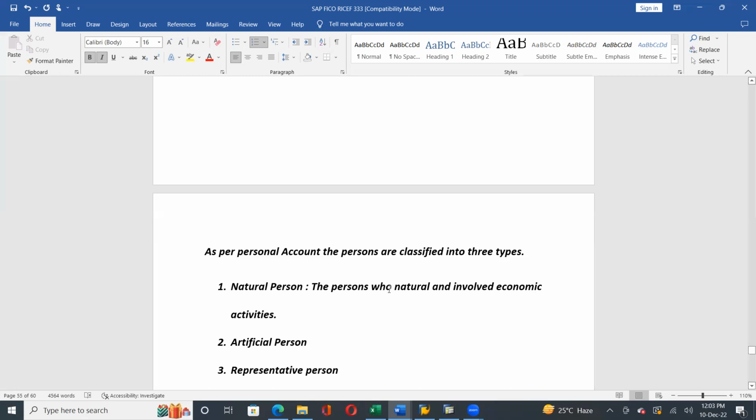Natural persons, like us, human beings, should be involved in economic activities. Economic activities are buying and selling, receipts and payments. All human beings are considered natural persons, but a mentally retarded person is also a person. Will they be involved in economic activities?